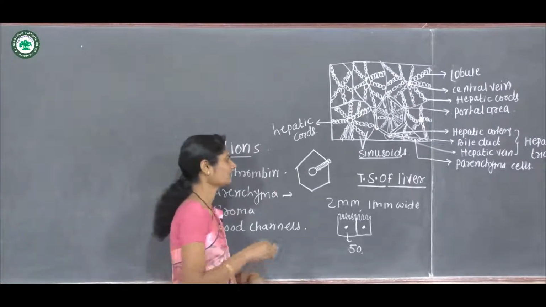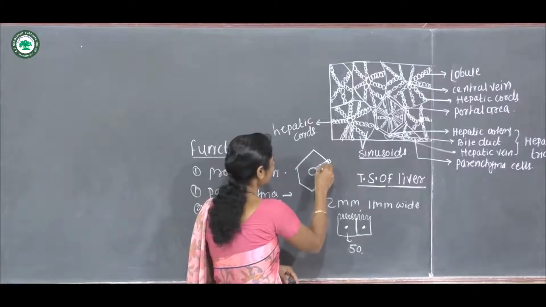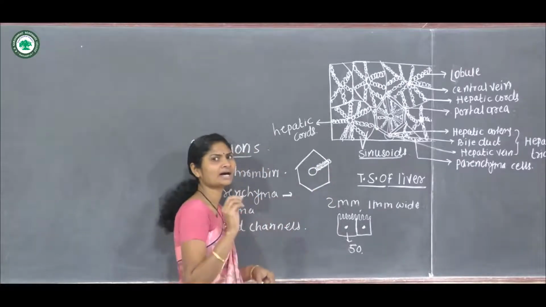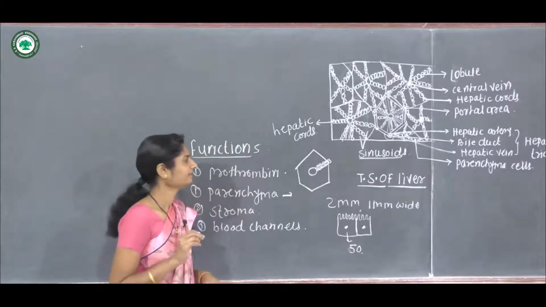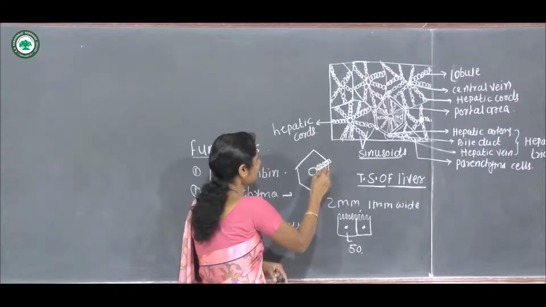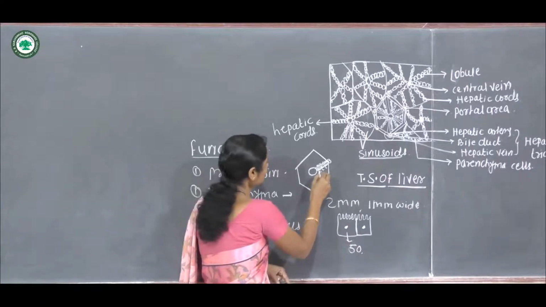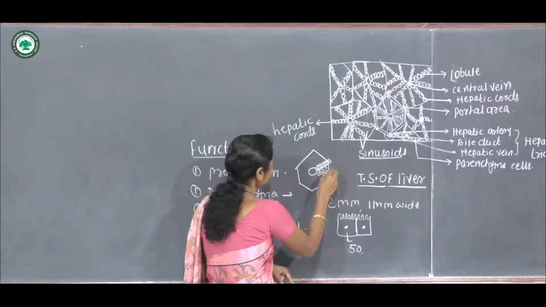In this sinusoid, endothelial cells are present and these endothelial cells are fenestrated, and from this, blood plasma passes towards the hepatic cells.